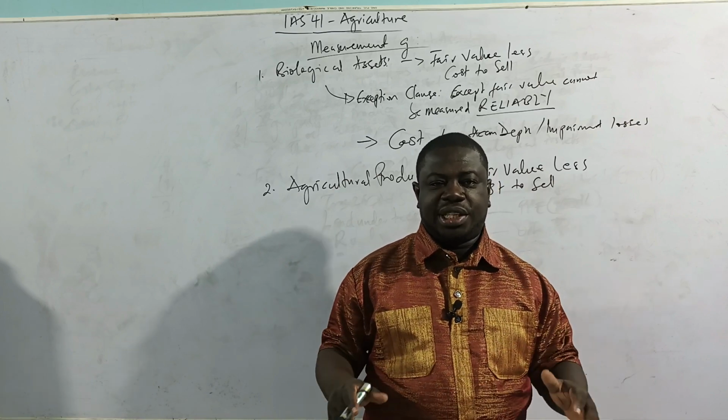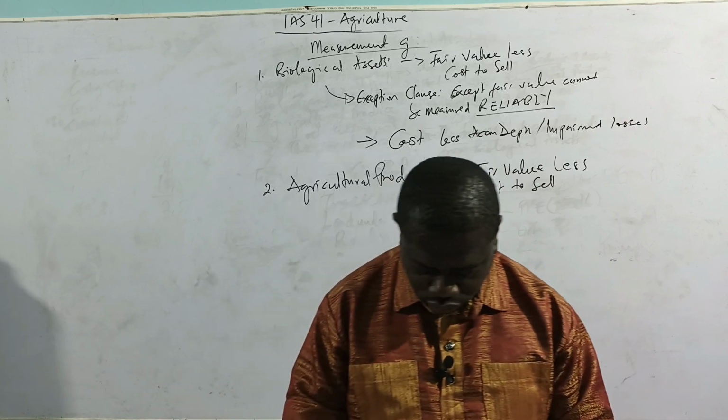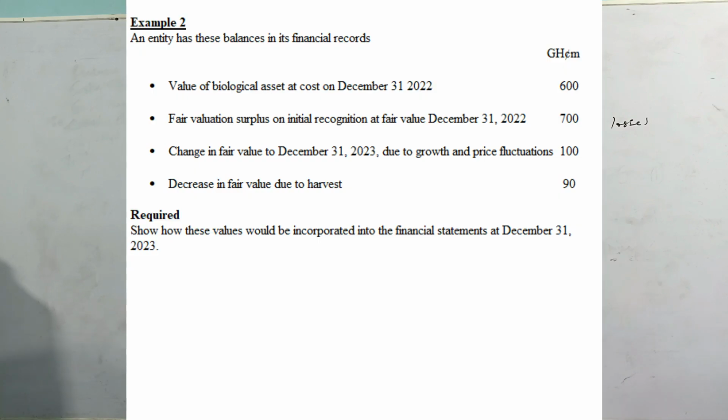So without wasting much time, let us look at this question and let's solve it together. An entity has these balances in its financial records. So we have Ghana cedi in millions. So value of biological assets as at December 31st, 2022, we have 600 million.